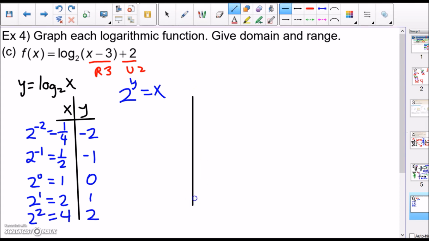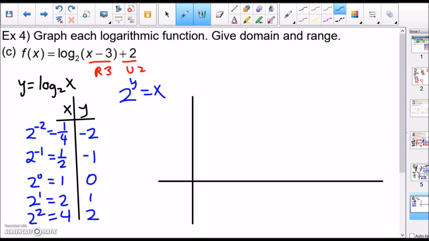So let's graph that first of all. And keep in mind you're going to shift to the right 3 and up 2. So you want to kind of plan out your graph. Make sure you have enough room that you can shift right 3 and up 2. But you also look at your x numbers and your y numbers. Without the shifting, your x numbers need to go up to 4 or 5. So I'm going to do tick marks and go 1, 2, 3, 4, 5.